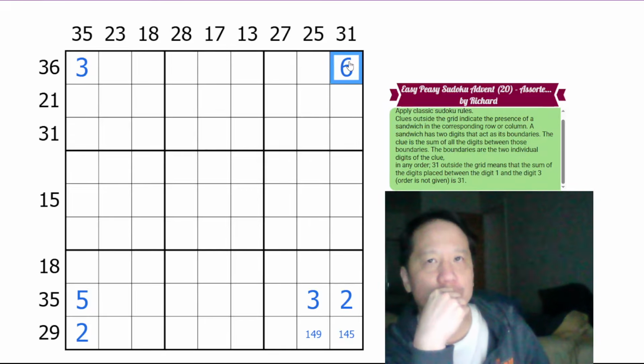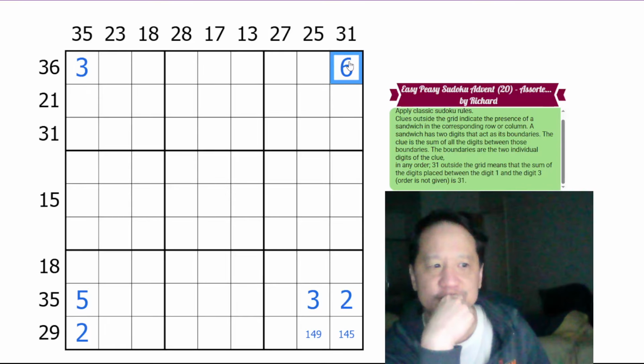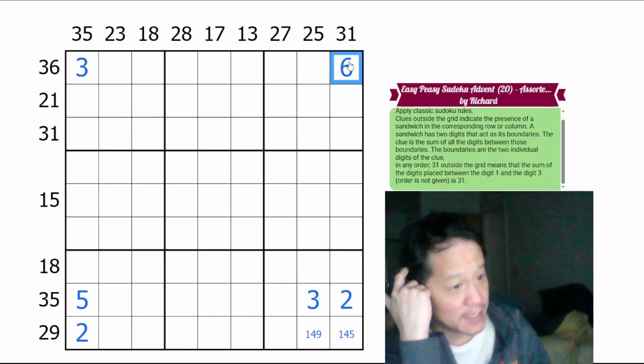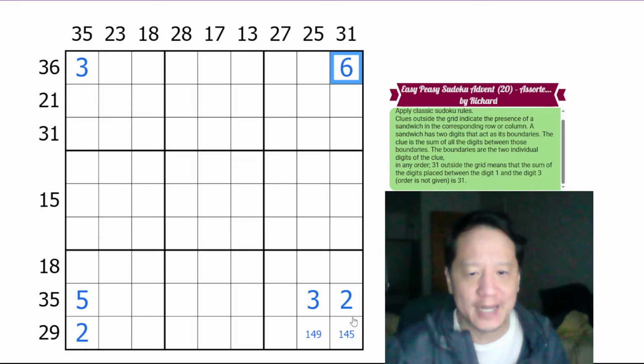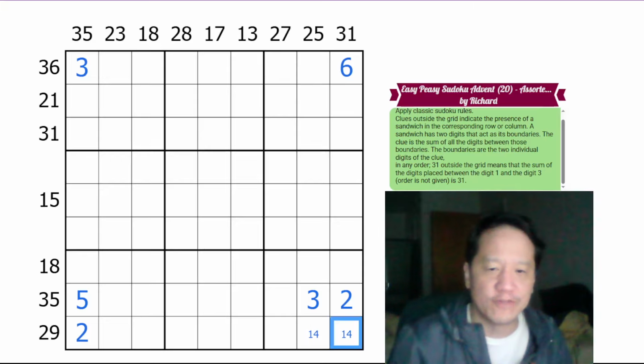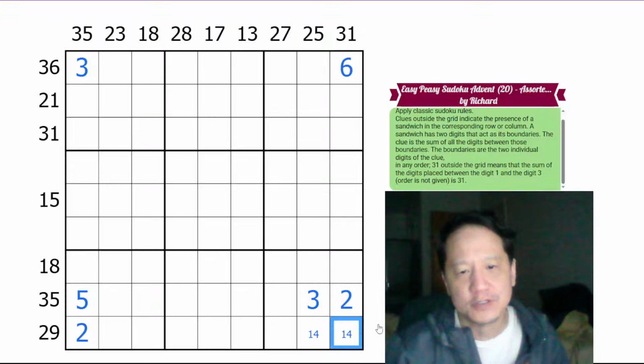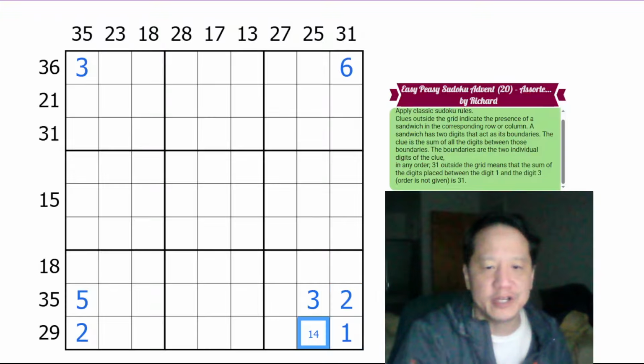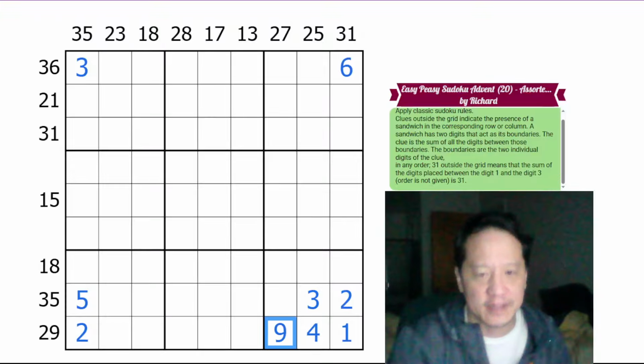So that would mean you have 6, 2, 5 is 13, plus 4 is 17. So 45 minus 17 is 28. So this cannot be 5 there. Therefore, if you try 4, you have the same problem. So therefore, this must be 1, 4, and 9 there.